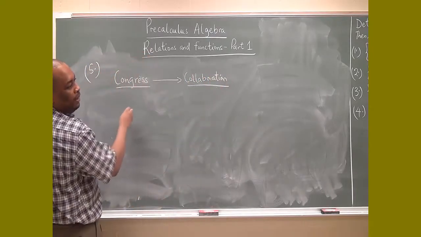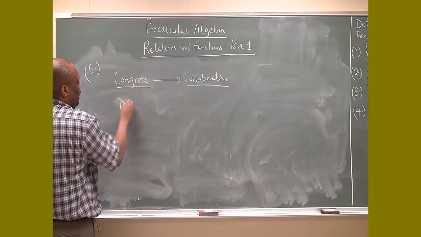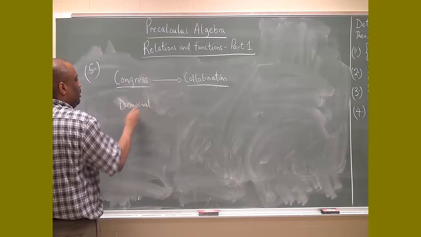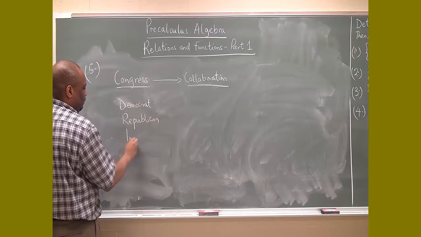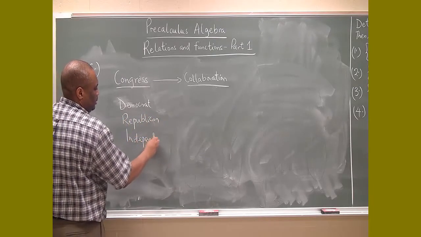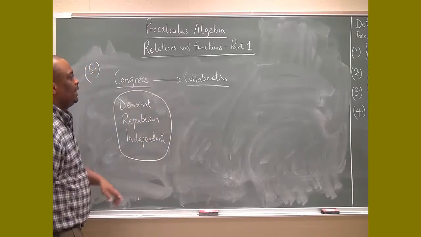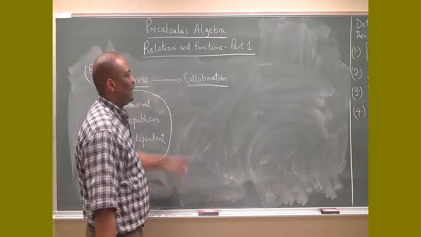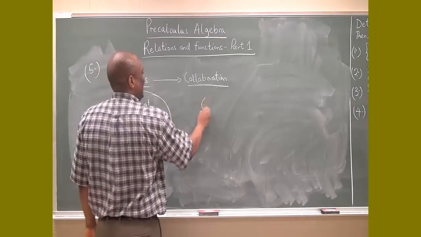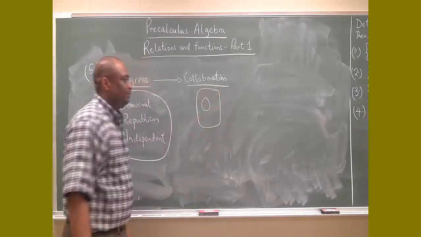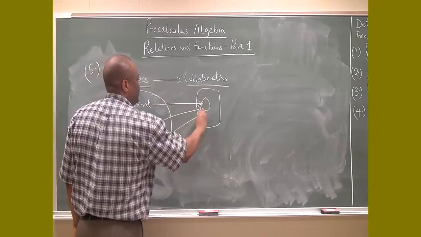Okay, here we have Democrat, Republican, Independent. Guess what we have here? We just have one thing here, just one image here. Guess what we have? 0. And this maps to this, maps to this, maps to this.